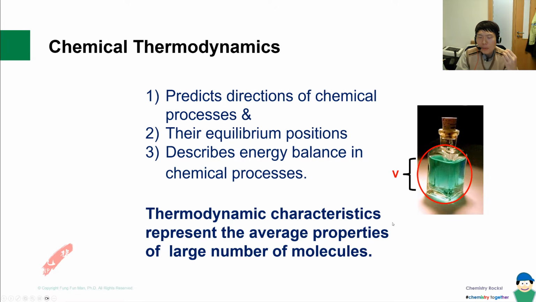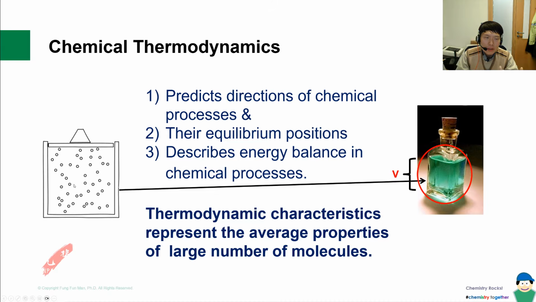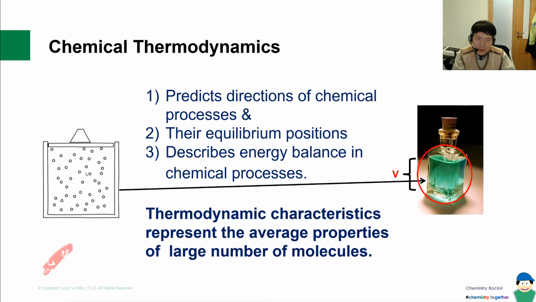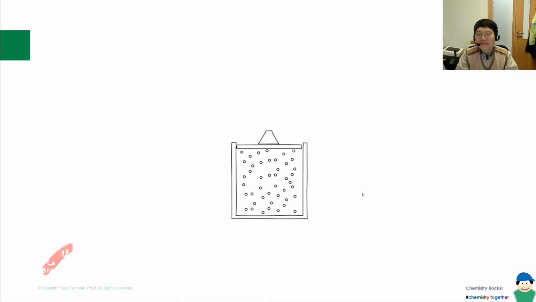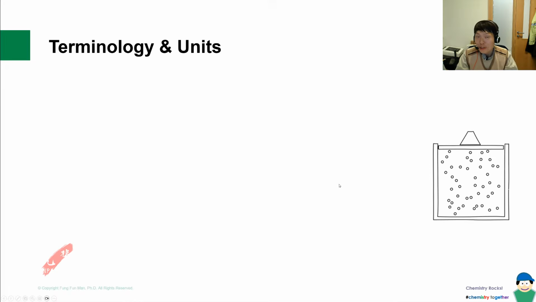When you have a large amount of molecules, in this case those we can detect as smell, what's inside that you can't see at the microscopic level is like this: they're moving around from one end to the other. You can smell something really nasty or very nice, like the fragrance of coffee beans from a coffee shop far away, or some very nice curry from a kitchen. It's all chemical thermodynamics. Of course, the foul smells too.